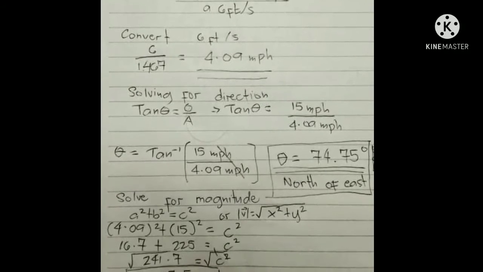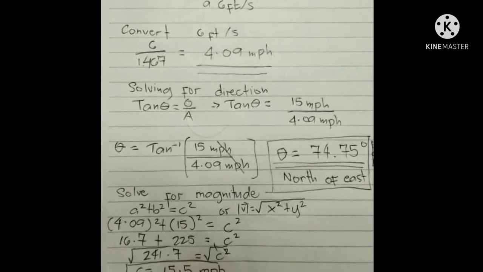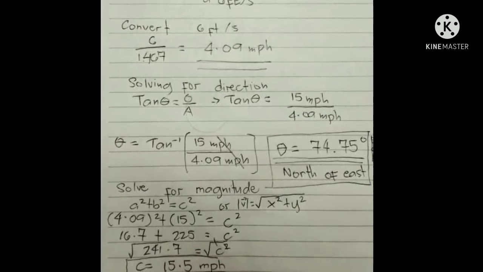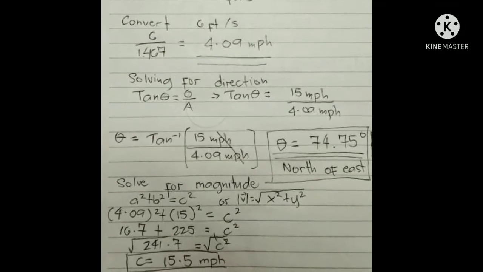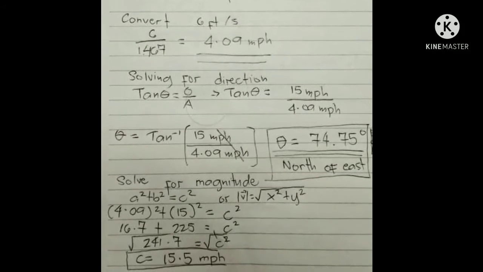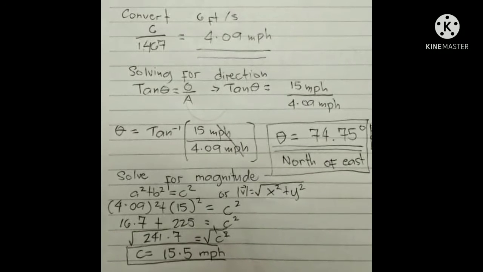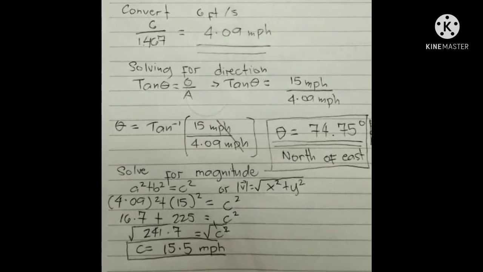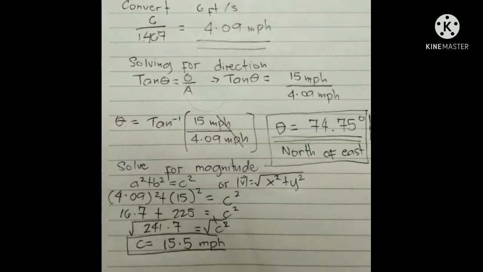Then to solve for the magnitude, we can use the formula a squared plus b squared equals c squared, or magnitude equals the square root of x squared plus y squared. So in this case, I'm going to use the Pythagorean theorem. So 4.09 squared is our a because it is our adjacent, plus 15 squared, 15 because it is our opposite, equals c squared because we're finding the hypotenuse.